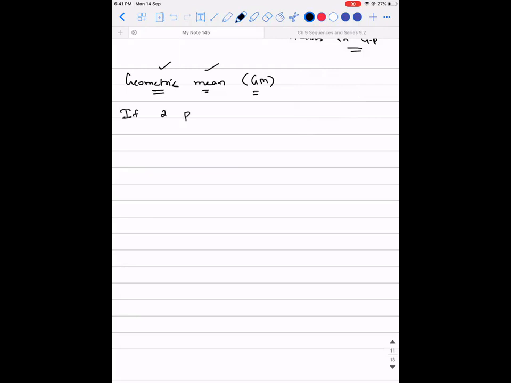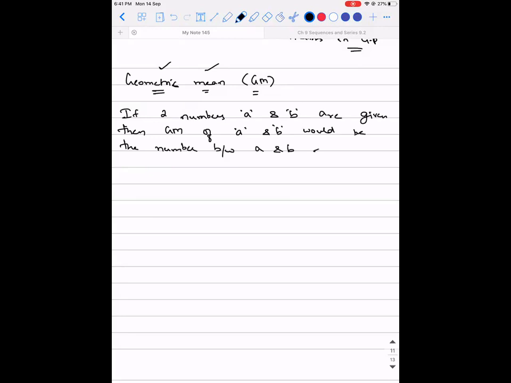If two numbers A and B are given, then the geometric mean of A and B would be the number between whom?